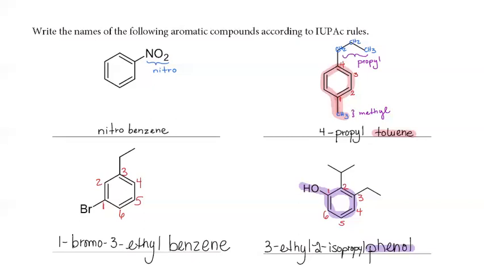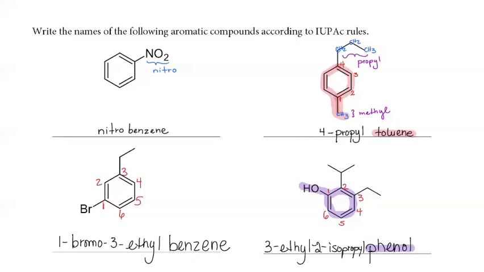No problem. So if you have a benzene ring that does not have those signature substituents that give it a common name, then you apply the rules that we already know for cyclic compounds. For example, if you have one substituent on your benzene, then it's the name of the substituent followed by the word benzene. As you can see in the first molecule in the second row, the bromo 3-ethylbenzene.